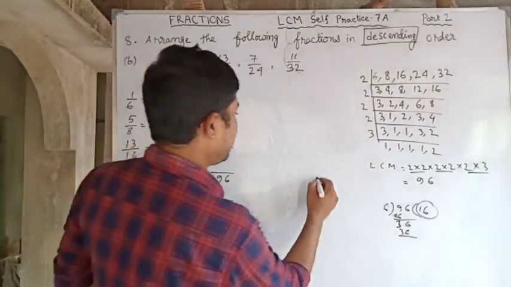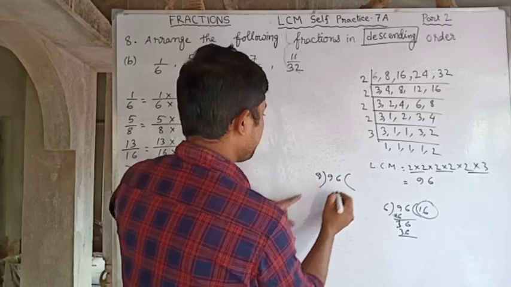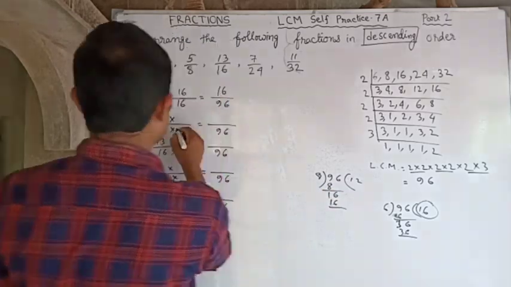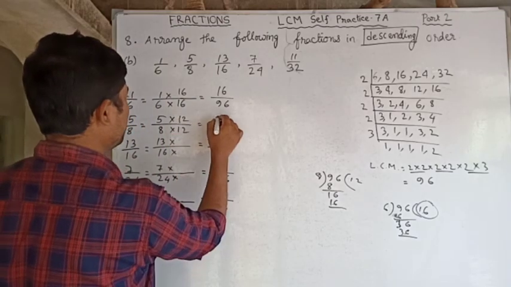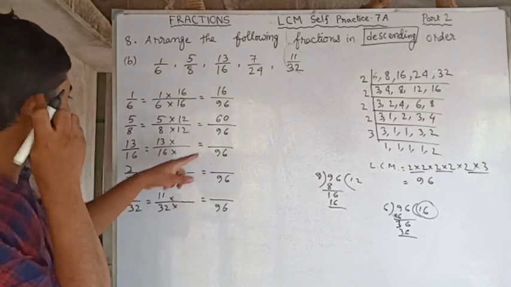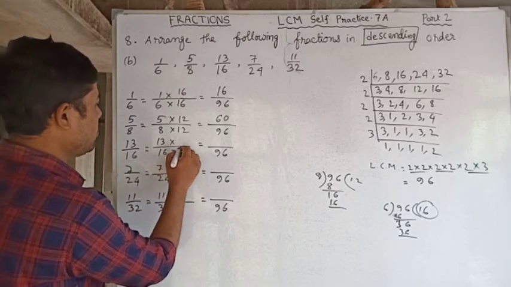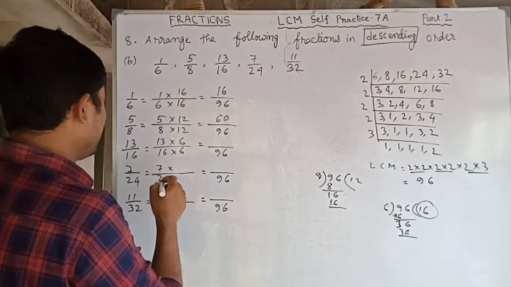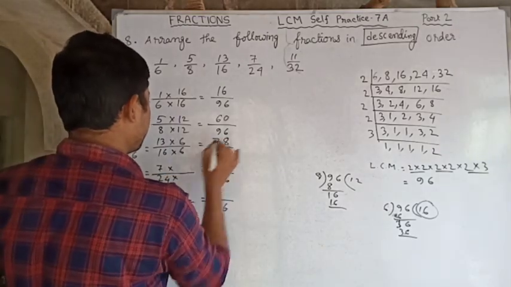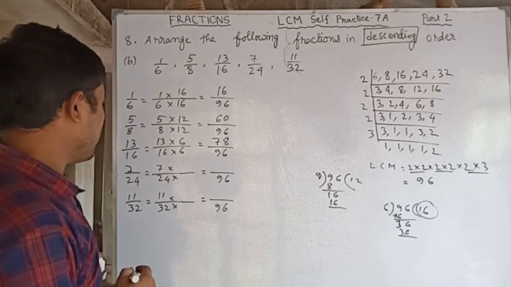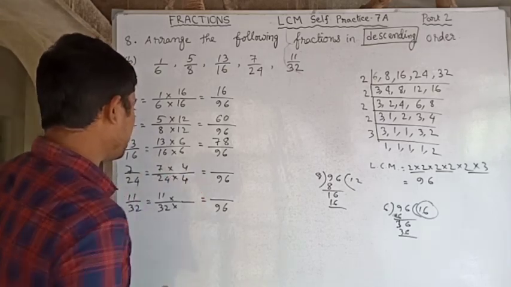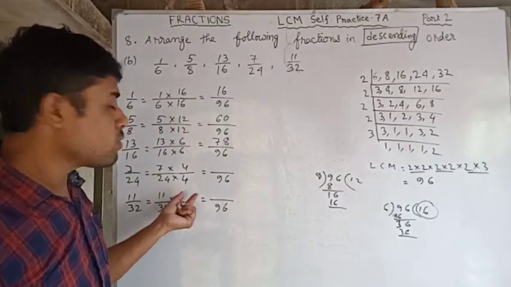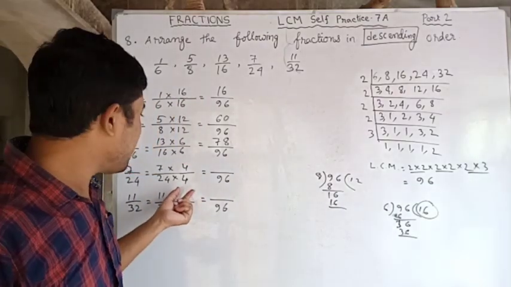Now 8. By which number, 8 and 96, 8 times 12 is 96, so by 12. So the numerator becomes 60, and the denominator 96, so it will be 60 by 96. Now 24, 24 4s are 96. My dear student, if you can't count the table in your mind, you can check here.